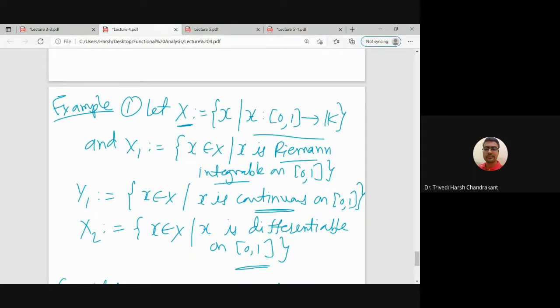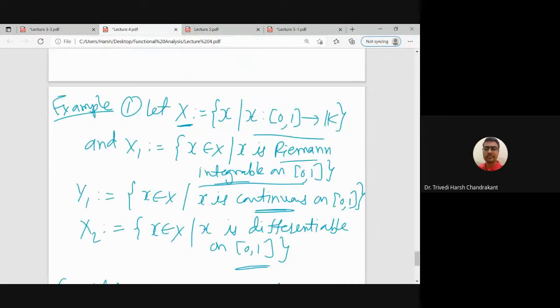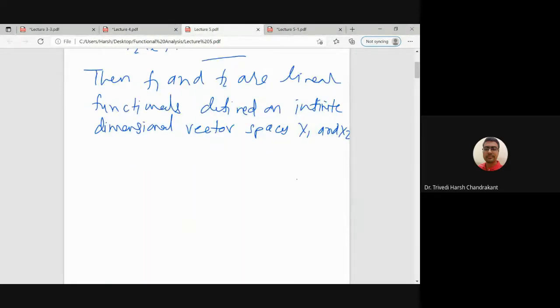So it is infinite dimensional because it contains the linearly independent set 1, t, t square, and so on, and all those elements belong to this set also. So x1 is an infinite dimensional vector space. x2 is also infinite dimensional. It is the space of differentiable functions, and that is also infinite dimensional.